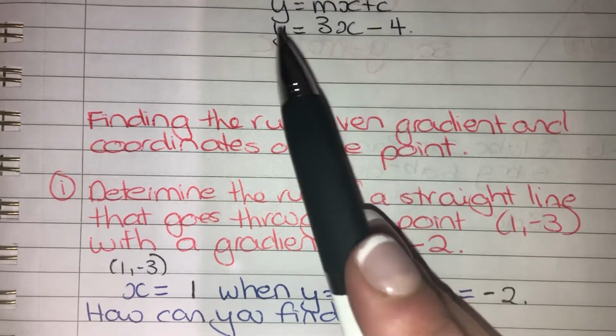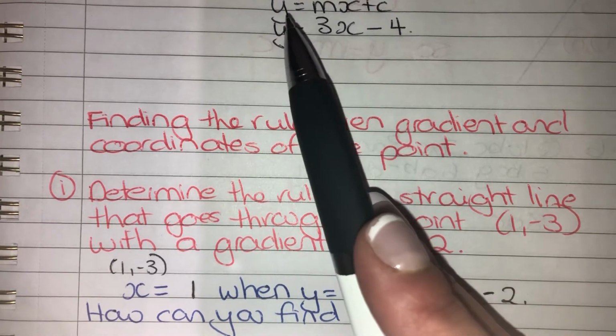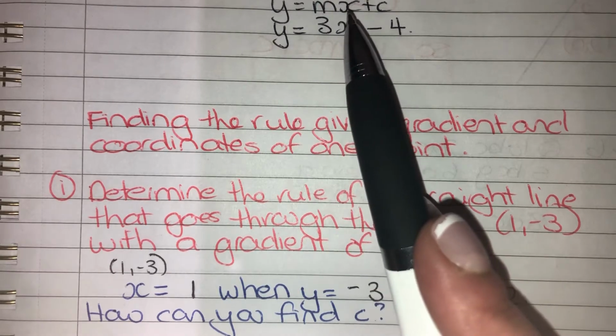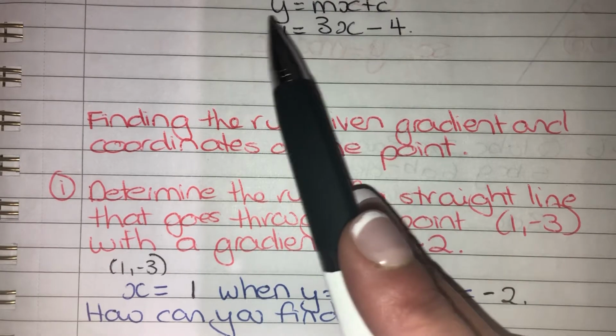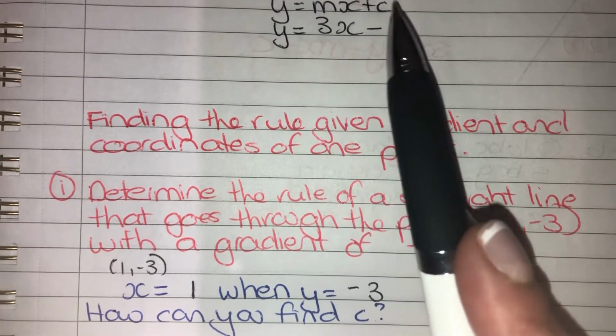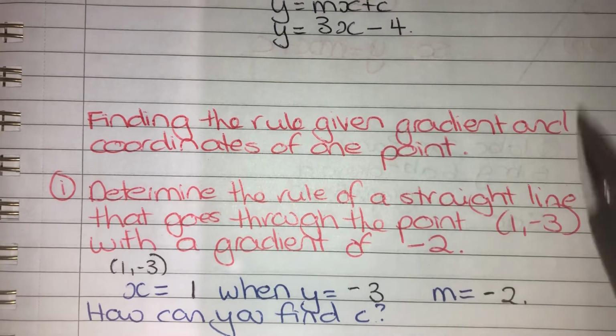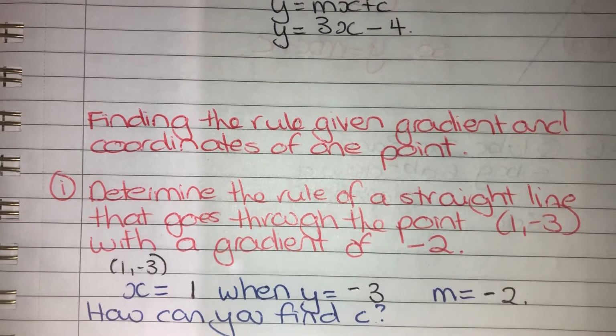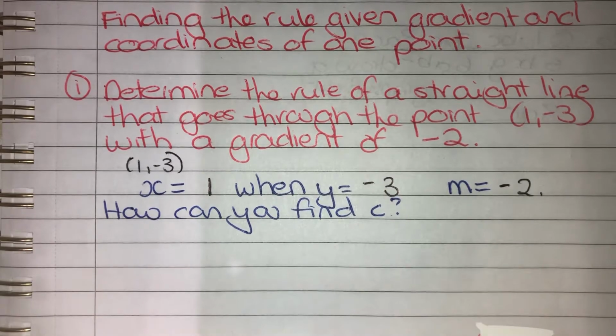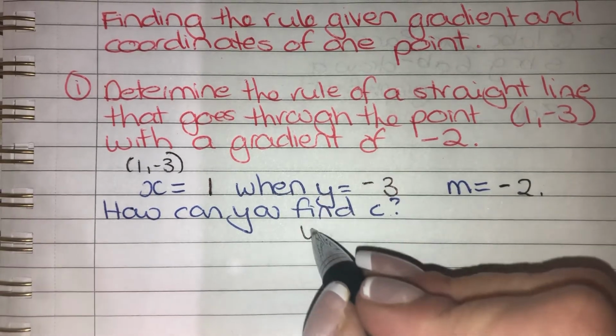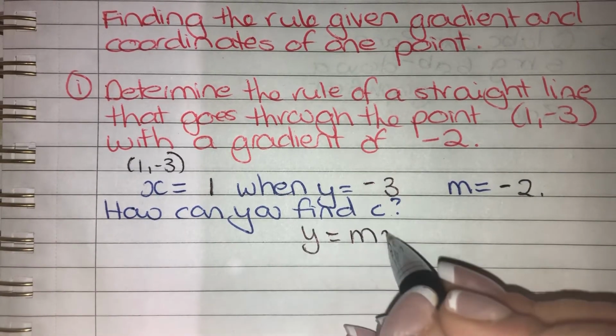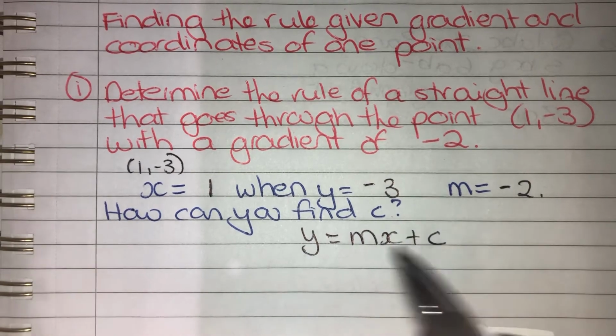So in the formula y equals mx plus c, we have a y, and we have an x, and we have an m. If we plug all of those in, we'll be able to find what c is, and then we have got the answer. So how can we find c? We're going to plug everything we have into this and see what happens.